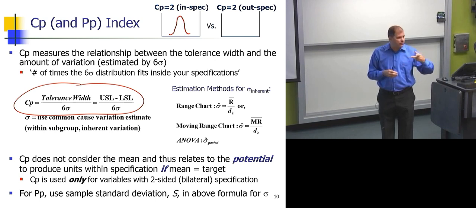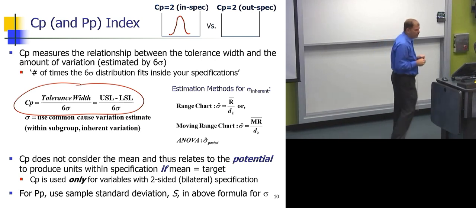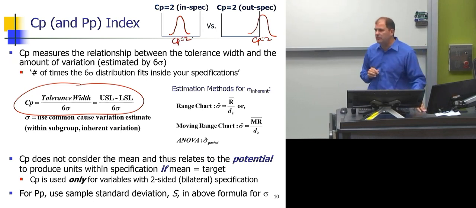Or you can take the reverse, do 1 over 2, and say 50% of my tolerance width is being used by 6 times the standard deviation. But if you look at the formula for CP, is there any indication of the mean? Nothing. Therefore, I could also have this picture. This could be a CP of 2.